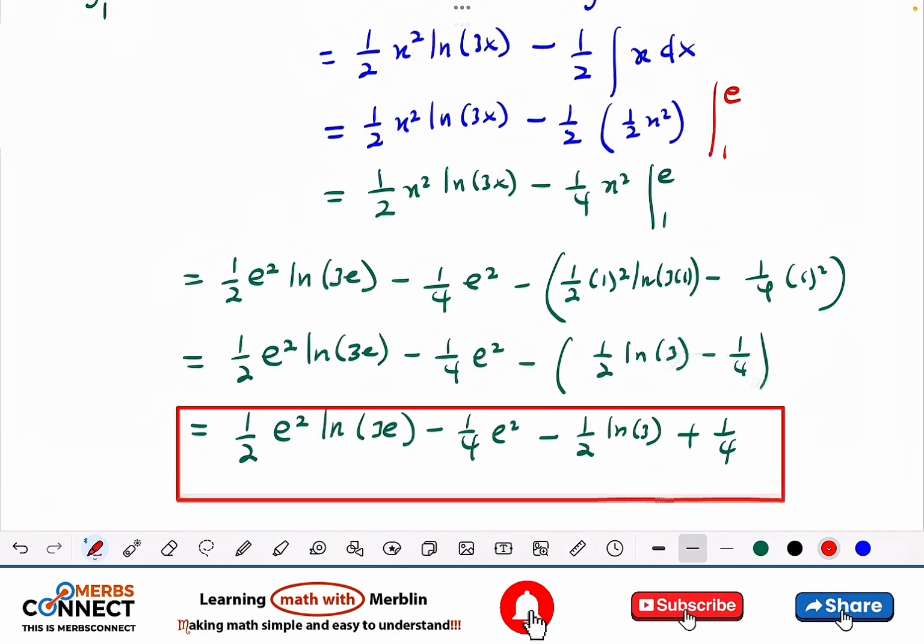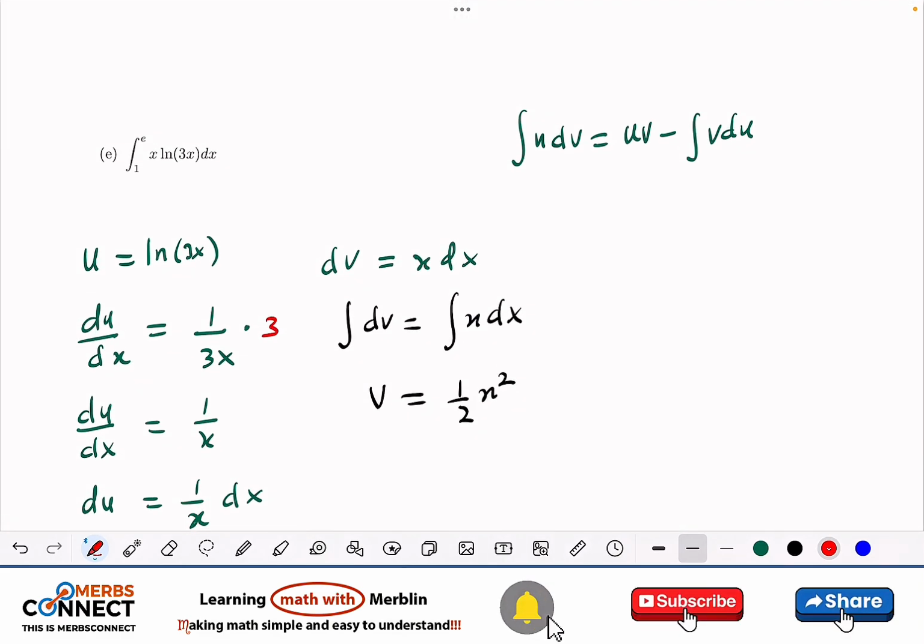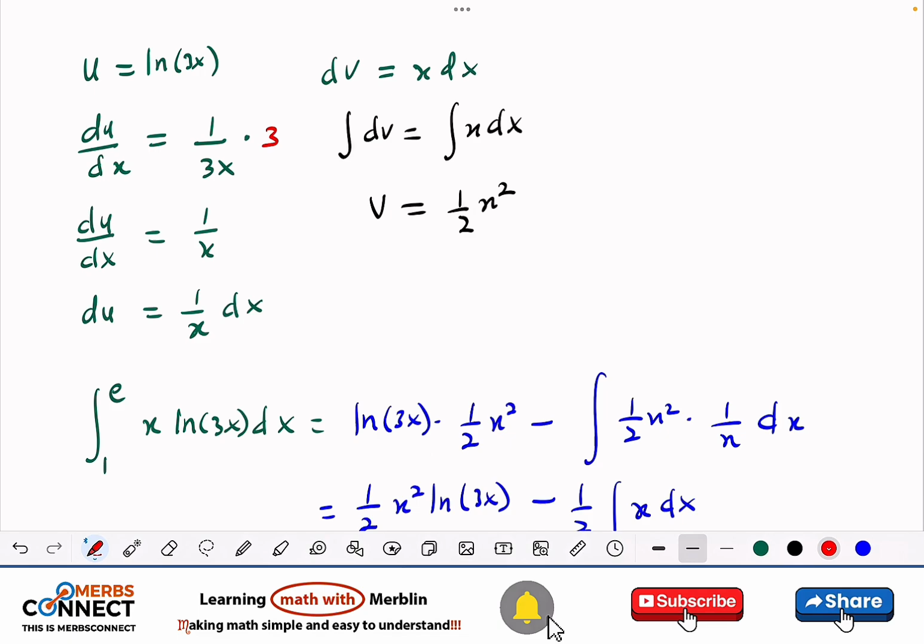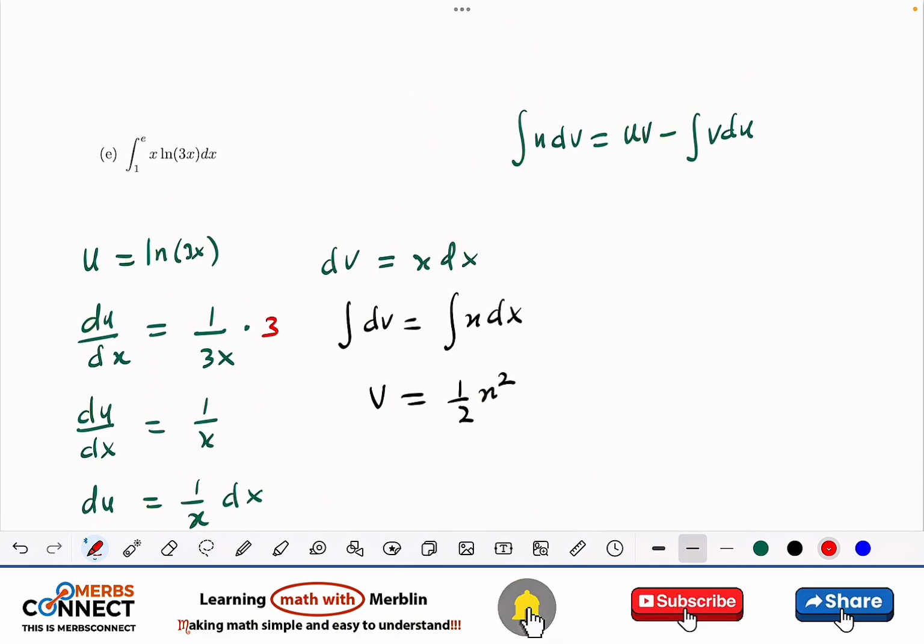So this is what you are going to get at the end of the day. This is integration by parts. This is how we do it. We have different functions and how we do integration by parts. The idea is that it's always best to figure out the way. If I see this integration and I'm going by parts, how do I approach it?